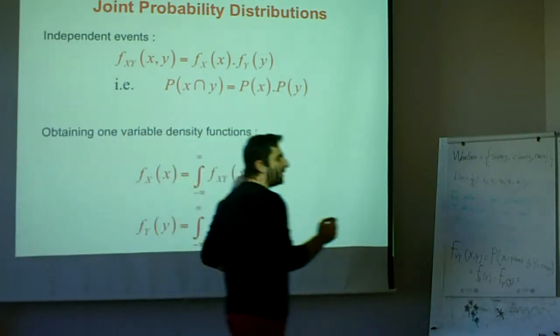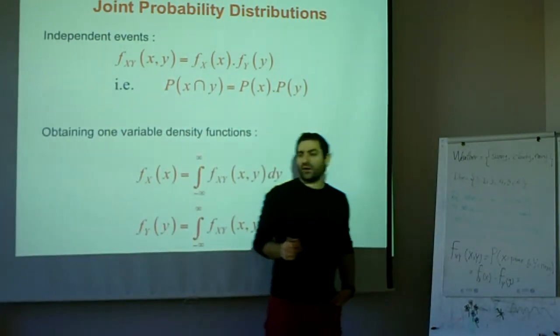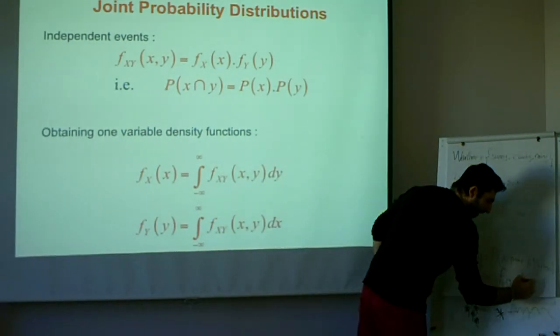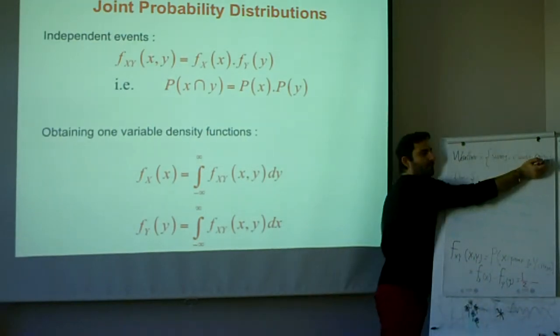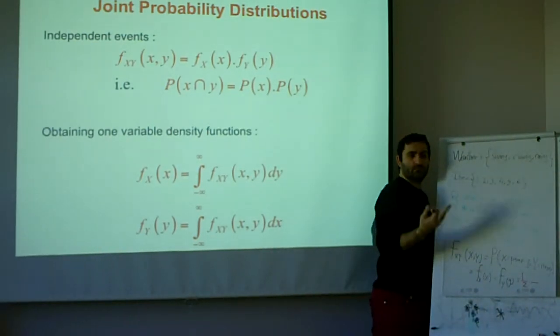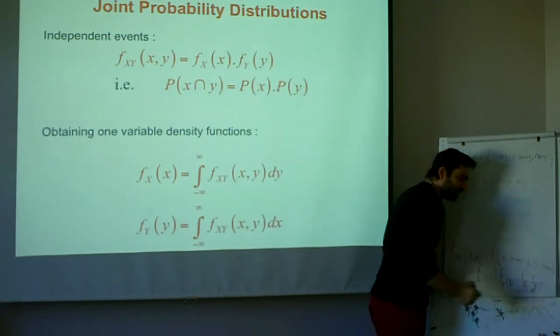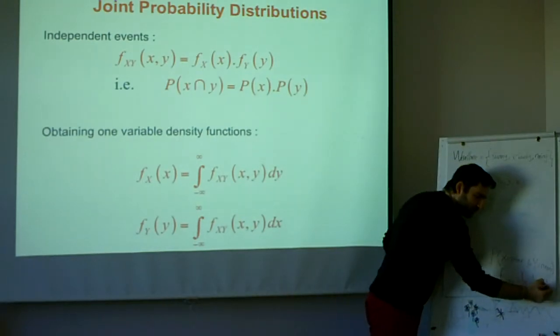What are the prime numbers? 2, 3, 5. So 3 over 6, which is 1 over 2. What is the probability of having rain? 1 over 3. So the probability of having a prime number in rainy weather is 1 over 6.